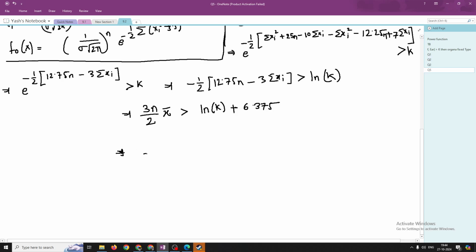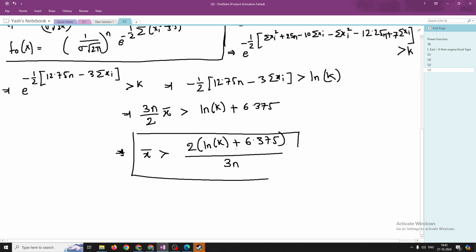Or x bar should be greater than 2 times natural log of k plus 6.375 whole divided by 3n, and this is my test rule, right? Let's say this is some k prime.